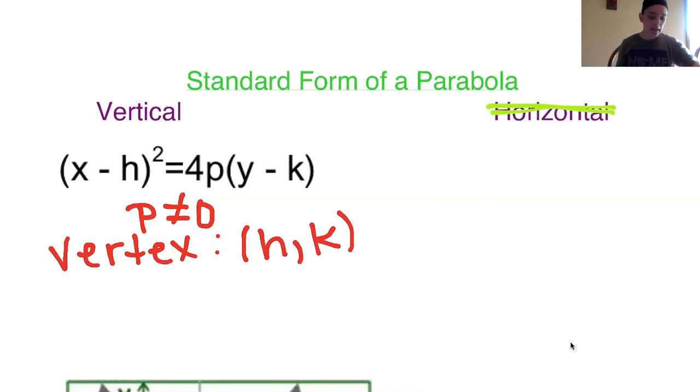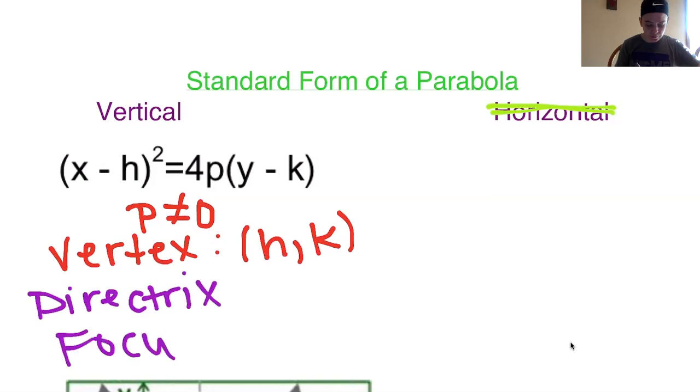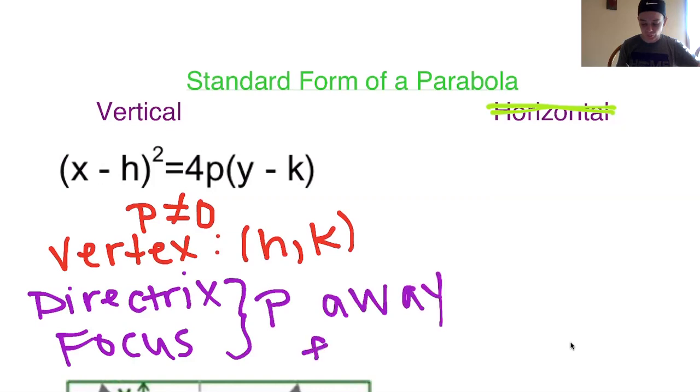Now, I could give you a formula for our directrix and our focus, but instead I'm just going to tell you that both our directrix and our focus are going to be P away from the vertex.